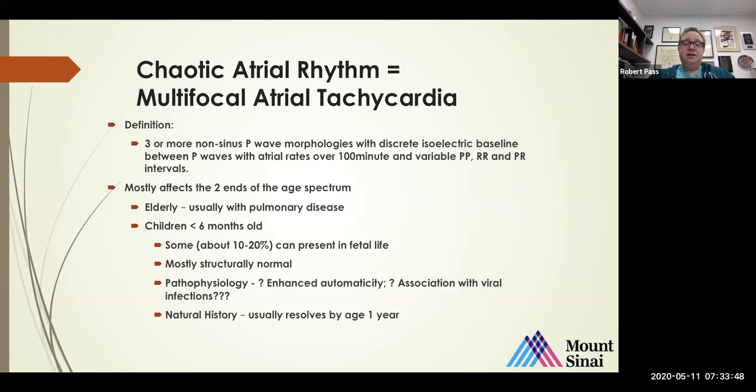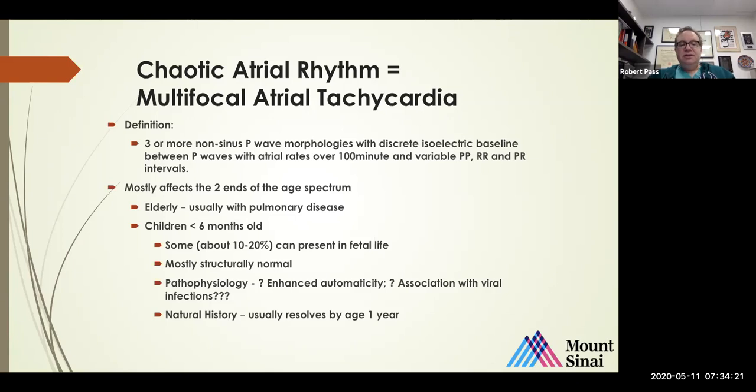In the elderly, it's common to see it in older patients who have pulmonary disease like COPD or lung cancer. In children, it's most commonly seen in patients who are less than 6 months of age, and as many as 10 to 20% can even present in fetal life. Most of the time, patients have structurally normal hearts. And the pathophysiology, most people feel, is enhanced automaticity. It could be triggered automaticity.